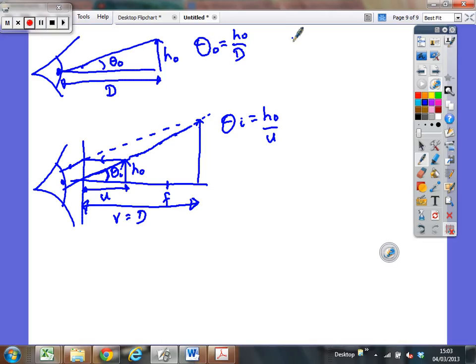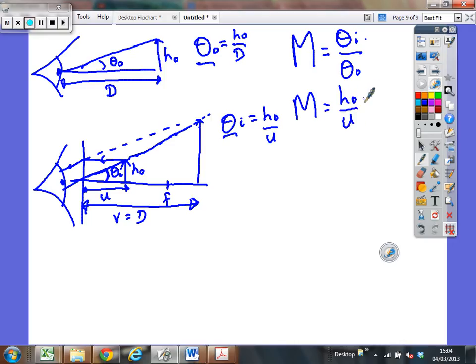Now let's define the angular magnification of the magnifying glass: how much bigger this angle appears compared to the original angle that we could only see with our eye. How much has the magnifying glass actually magnified the image? The angular magnification is the angle subtended by the image divided by the original angle subtended by the object. Substituting theta 0 and theta I, the angular magnification is equal to h naught over u, divided by h naught over d.